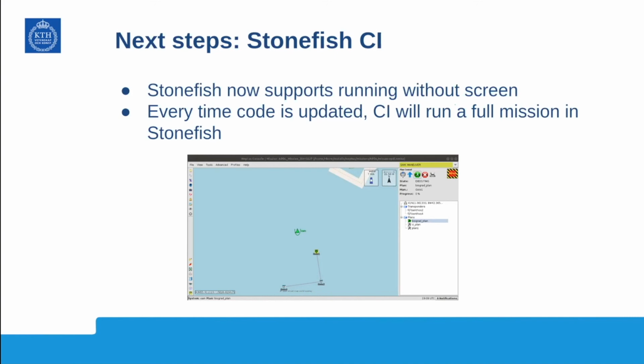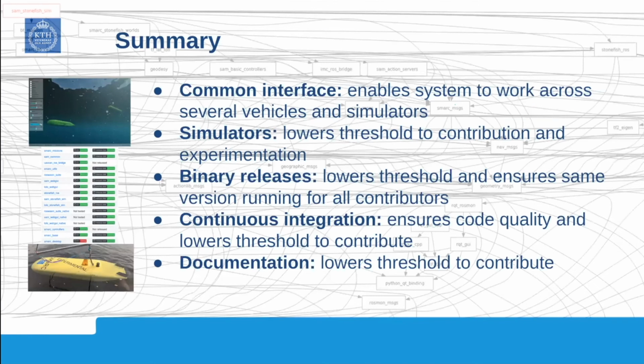So we can basically run a full mission within Stonefish, try out the full pipeline that we would be running on the robots and see that everything is working. And that's really powerful and should really contribute to us developing more robust software. So yeah, this basically was an overview of the infrastructure that we have in place.